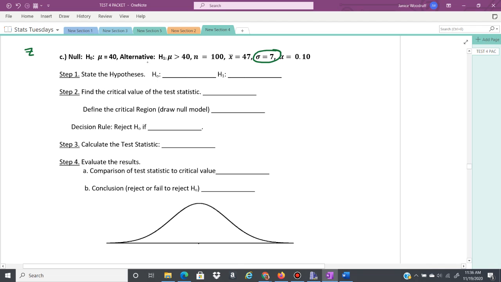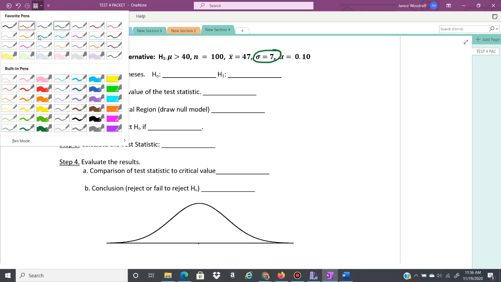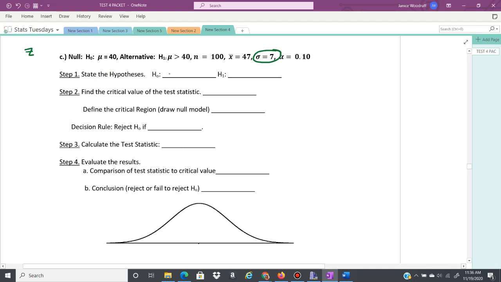So let's state our information. We have a null hypothesis that the mean is 40, and an alternative that the mean is greater than 40, which means this is a right-tailed test because the alternative is pointing towards the right.